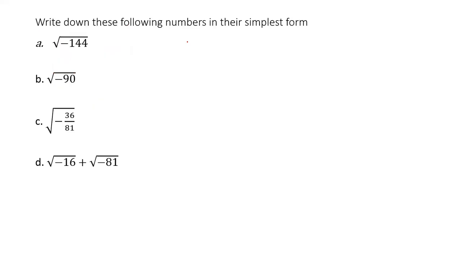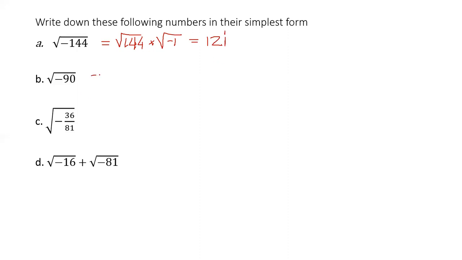I will continue to discuss these problems. Write down the following numbers in their simplest form. As I explained, we may write this square root as square root of 144 times square root of -1, 12i.